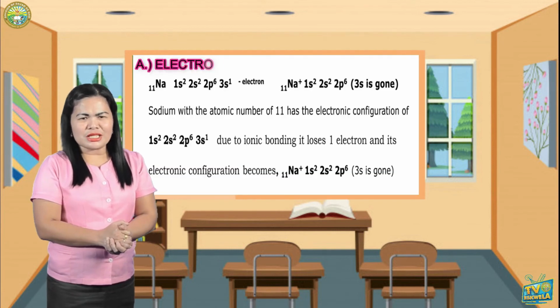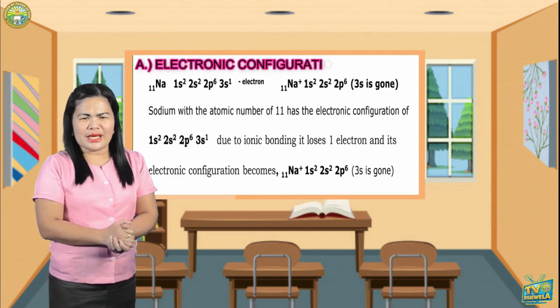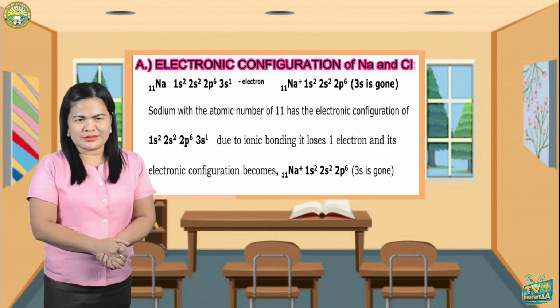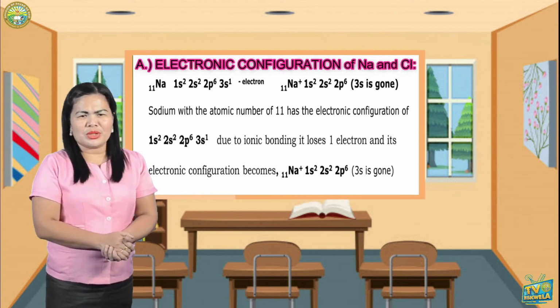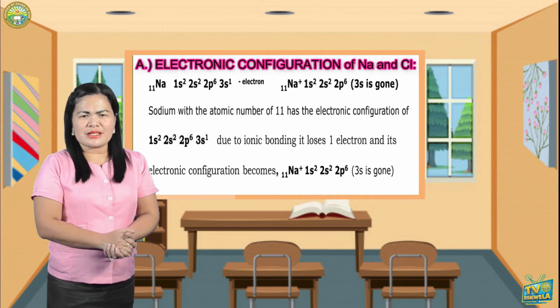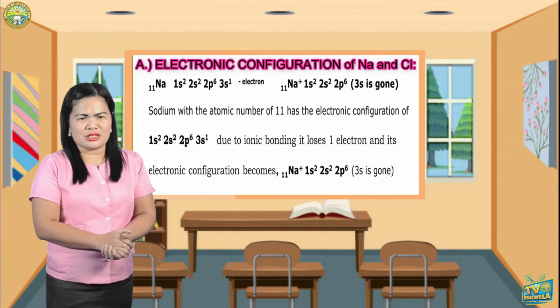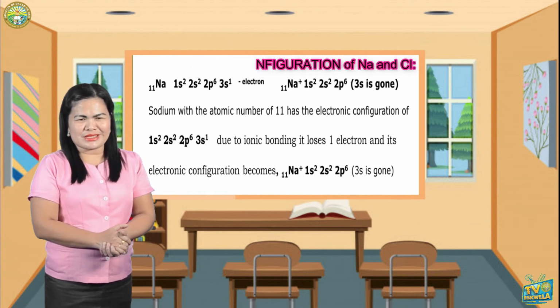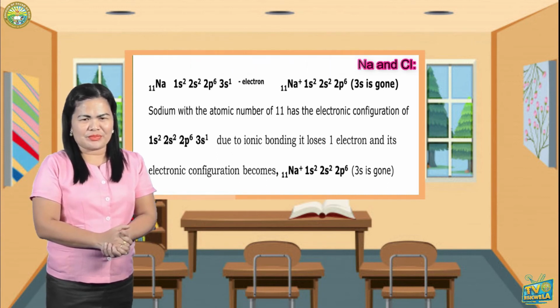A. Electronic configuration of sodium and chlorine. Sodium with the atomic number of 11 has the electronic configuration of 1s2, 2s2, 2p6, 3s1.